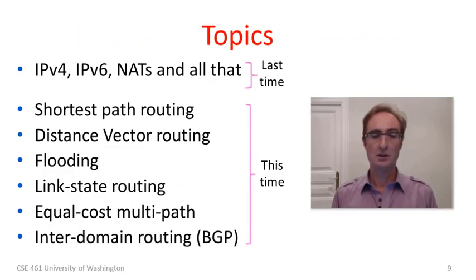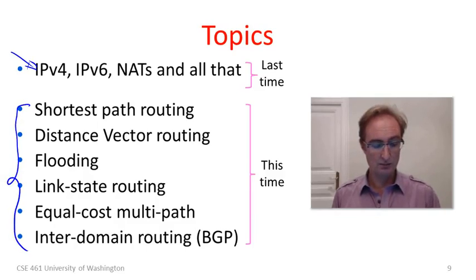Well, we'll see some of the solutions to these problems as we go through the different topics. Last time we went through forwarding essentially. That was our IPv4 and IPv6 model, as well as other things like NATs. Now it's all about routing. So I'm going to tell you just about some different frameworks for routing, like what shortest paths are, as well as different algorithms for computing routes on some of these networks to find their way through.